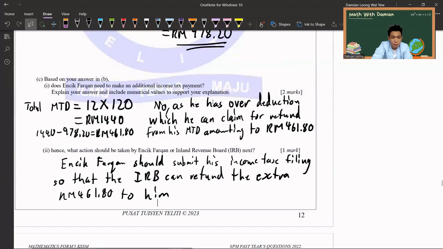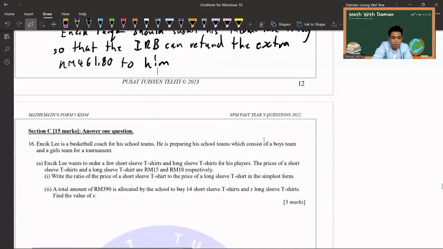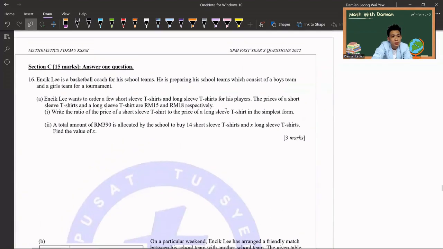Okay, you don't have to follow my exact words. Something that makes sense in the situation would do. The explanation doesn't have to be word by word.